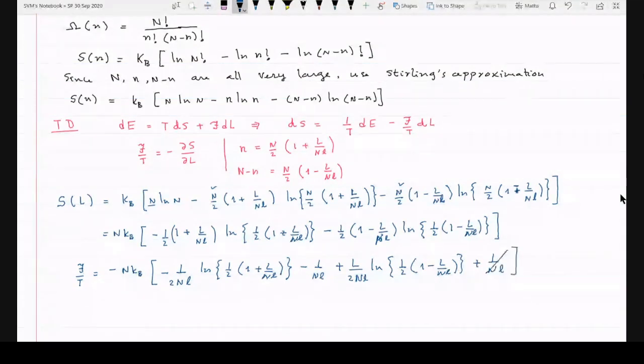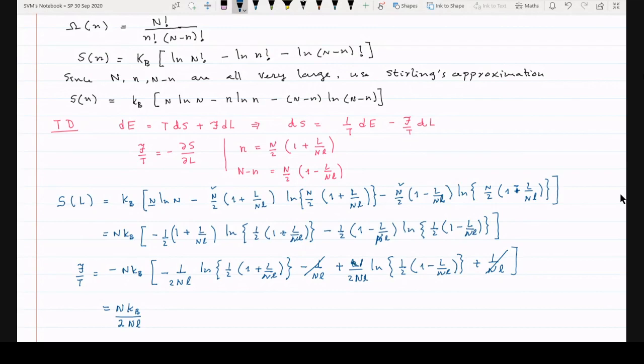And this will cancel, so I pull out a minus sign, and this will be simply n times kB by 2NL. This is coming from here and here. There is no L.